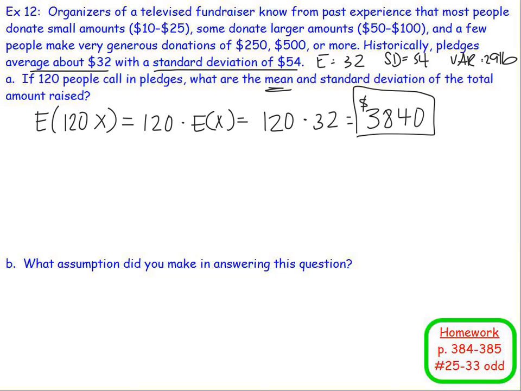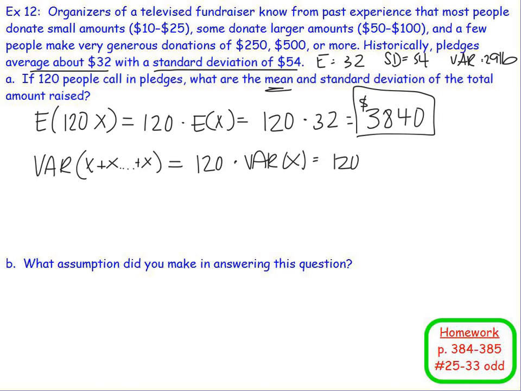Now, if you remember from the previous example, with variance, we don't want to write out 120 X's. That's crazy. So we know it's X plus X a whole bunch of 120 times. So we talked about the easy way on the last example: simply take 120 times the variance of X. So we're going to take 120 times 2,916.